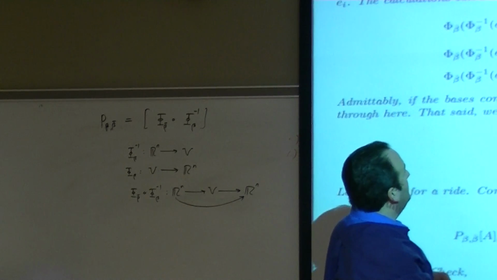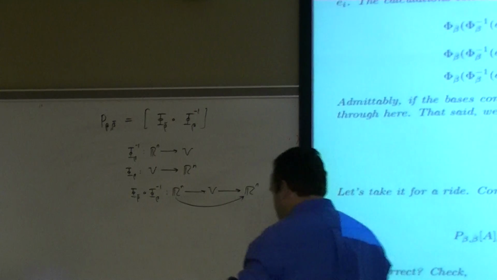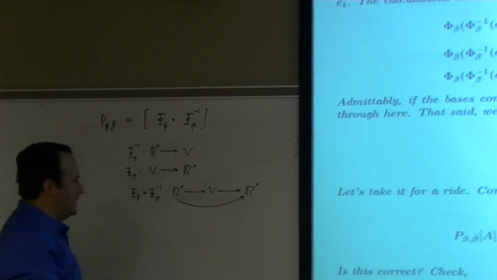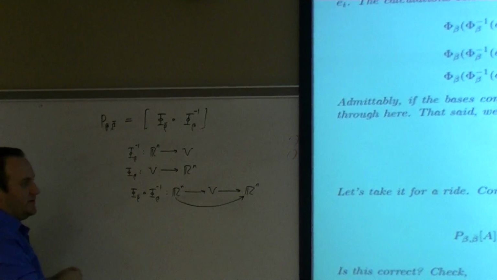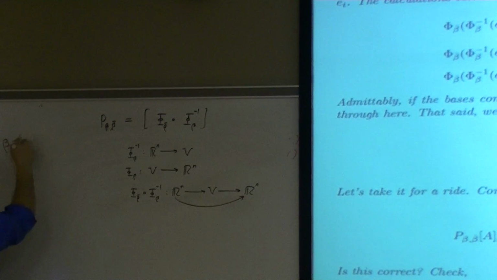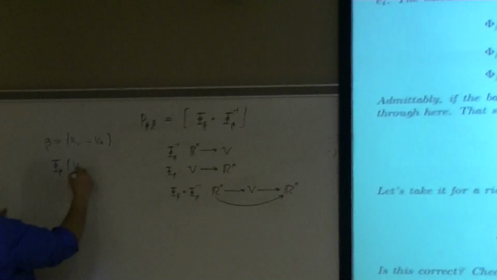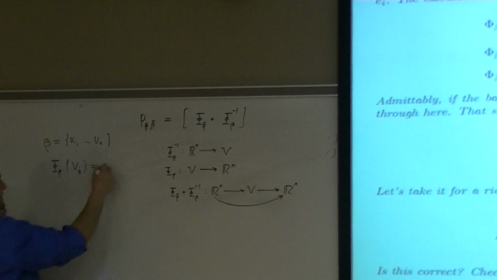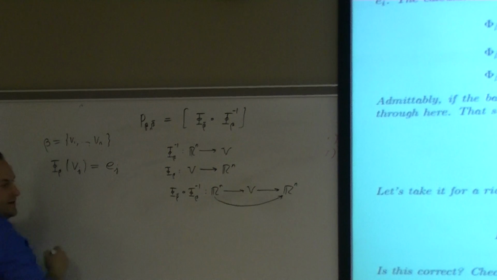Now, how do you define the, I talked about this more in the videos that some of you have watched, but if beta is equal to v1 through vn, the real definition is the beta coordinate mapping. What does it do? It takes the abstract basis vector vj and trades it for a standard basis vector ej.